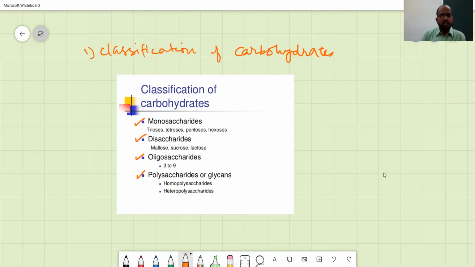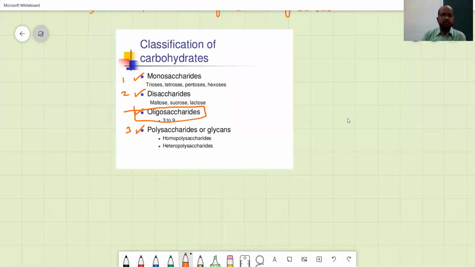Out of these, we can just write these three, 1, 2, and 3 itself, because anything more than 2 we consider as a polysaccharide. So this is the first thing that we are going to see in the classification part of the question.